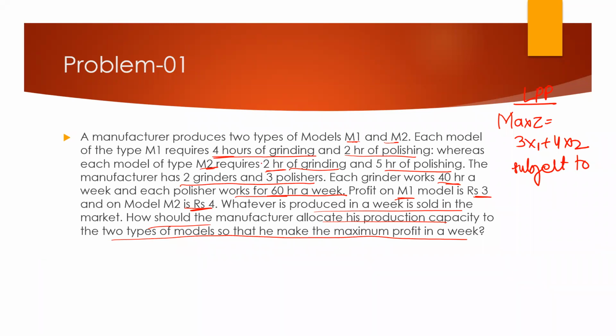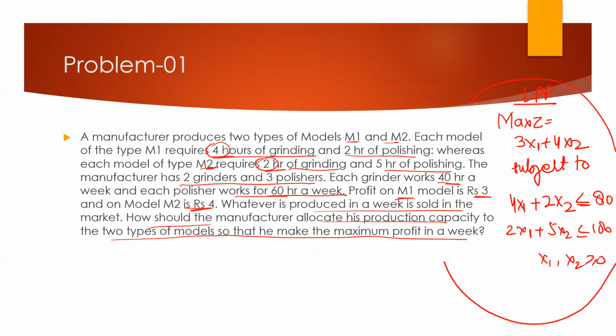If I talk about grinding, each model of M1 requires 4 hours of grinding and M2 requires 2 hours of grinding. That should be less than or equal to, since each grinder works this much and you have two grinders, 80. Then you learned 2x1 plus 5x2 less than or equal to 180, where x1 and x2 should be greater than or equal to 0. Principal sir has taught you how to write this equation.